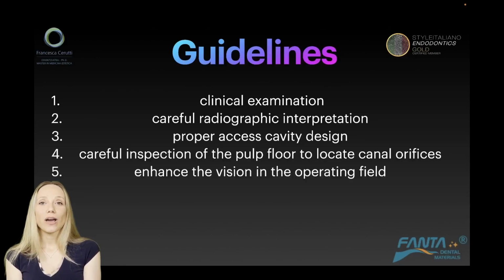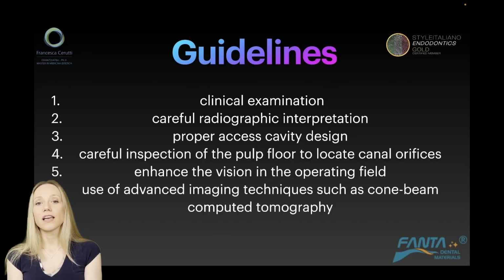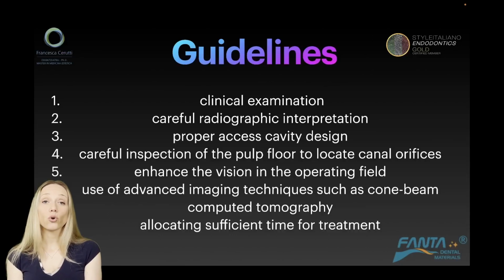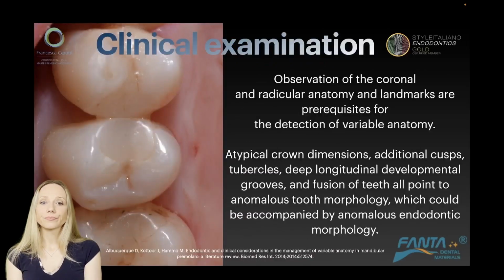Try to have the best vision that you can, so light, magnification, and if you can, use an advanced imaging technique such as the CBCT that can help you a lot in understanding the anatomy in complex cases. And also, take your time. But we will see everything in detail.